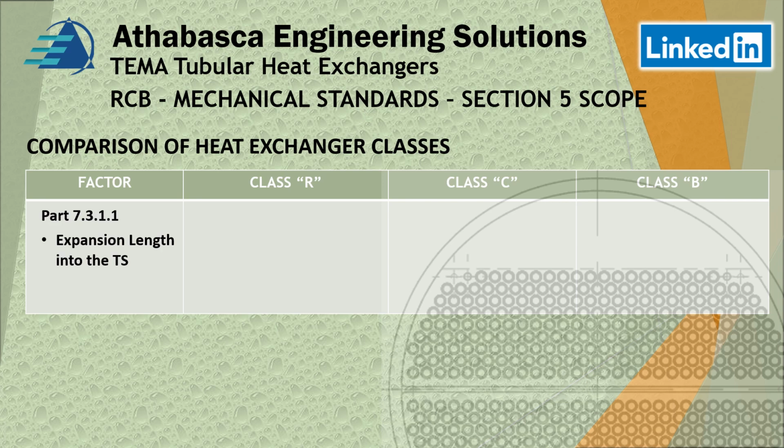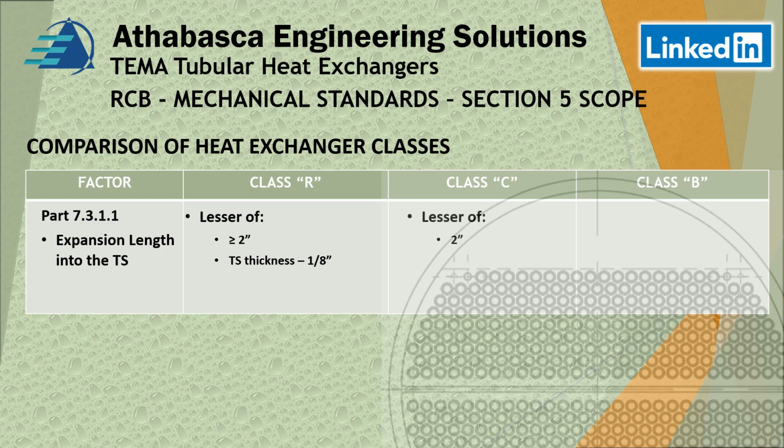Specific rules for expansion length into the tube sheet. These are the minimum requirements, and they're found in 7.311. In TEMA R, the formula is the lesser of 2 inches, or the thickness of the tube sheet minus 1/8 of an inch.